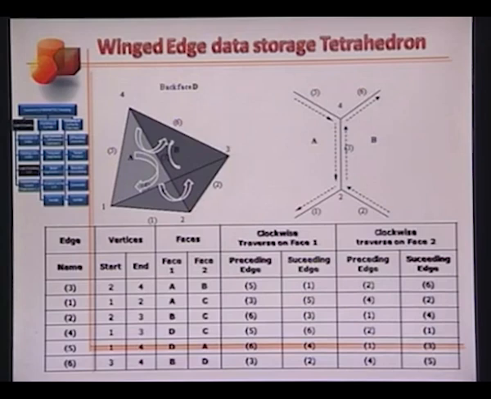So this table here, which is based on the winged edge data structure, stores pretty much the entire topological connectivity. That includes the face information as well. What is left now is to store the geometry of the tetrahedron. We can use a few more tables for that.